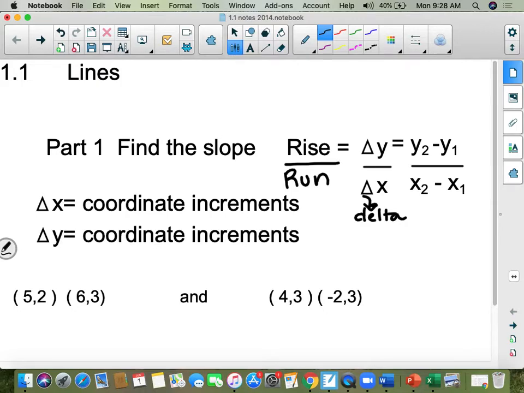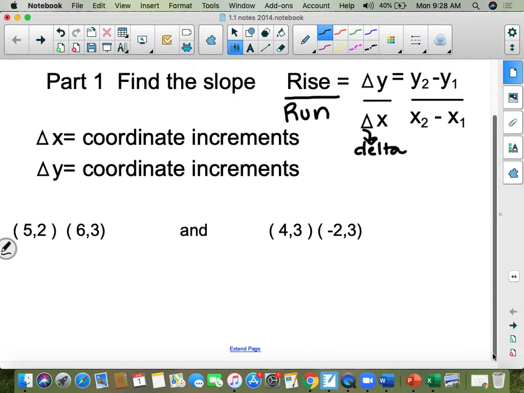The formula that we use also in Algebra 2 is y2 minus y1 all over x2 minus x1. So in these two problems, we're going to find the slope. 5, 2, and 6, 3. I'm just going to write the formula down. y minus y over x minus x.